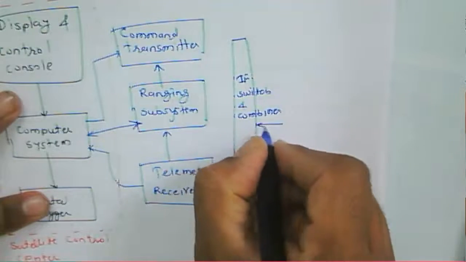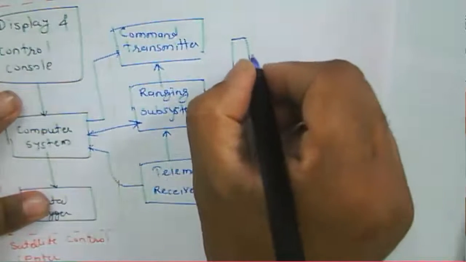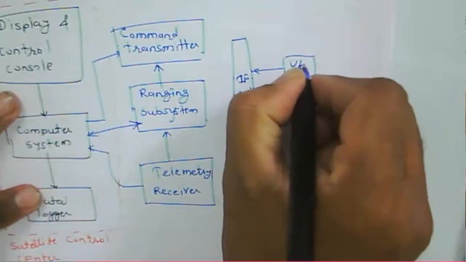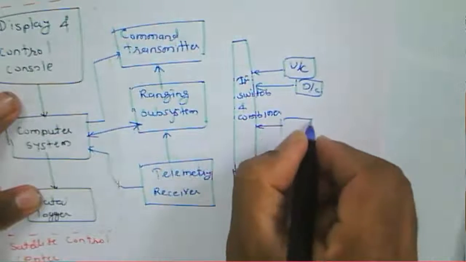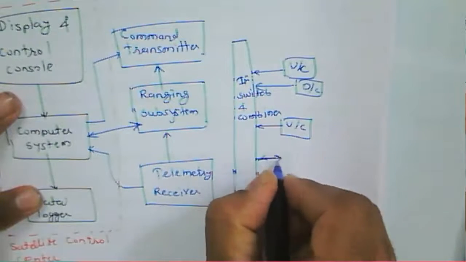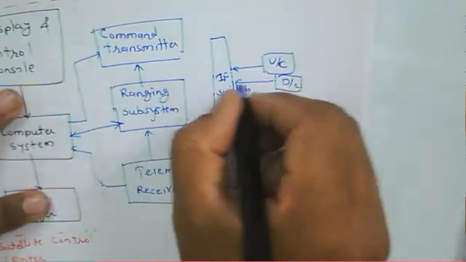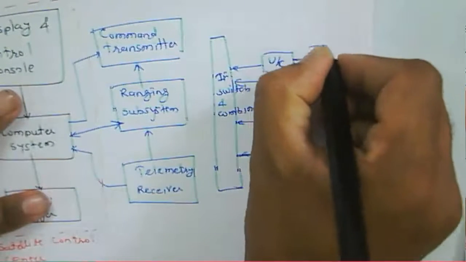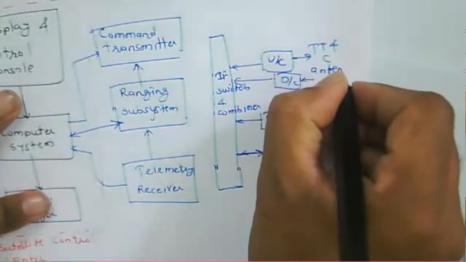Then to this we can say that up conversion, down conversion, up conversion, then down conversion. So that is about the data to the TTC antenna.